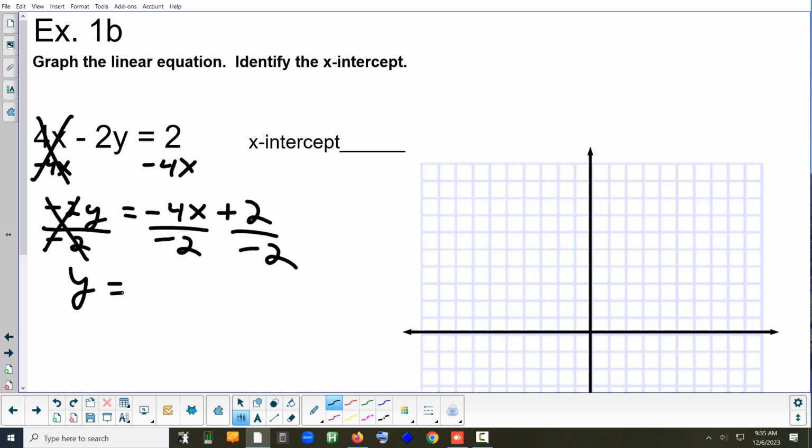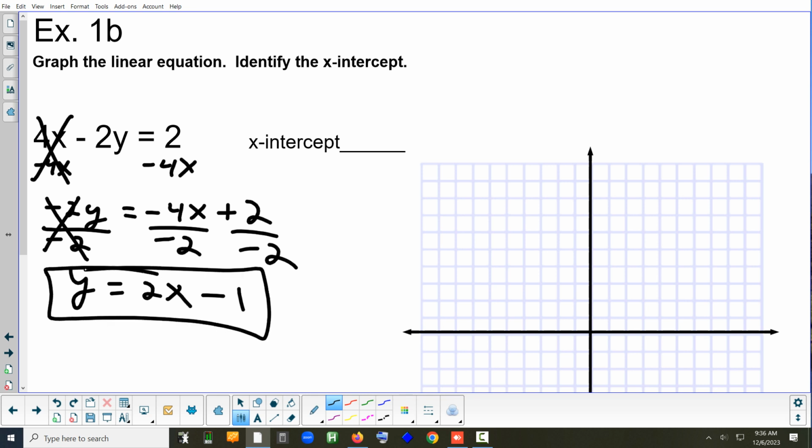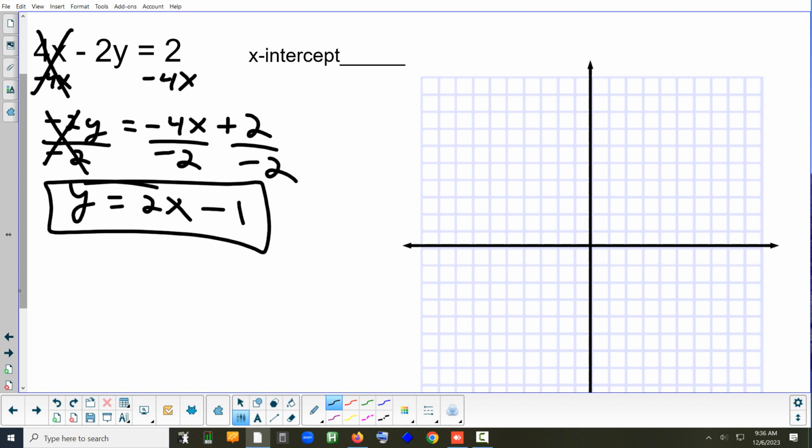Now we have y equals 2x plus -1, and we'll just write -1. So there's your equation. Now we need to graph it. What's the first thing that we graph when it's in slope-intercept form?